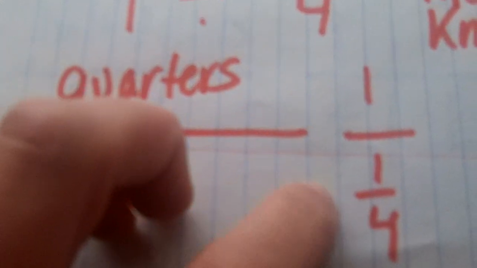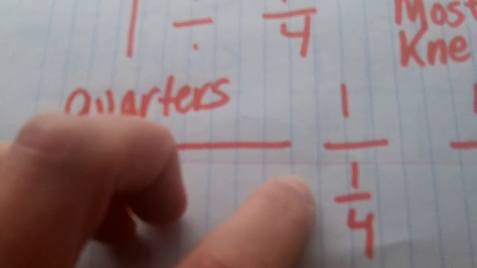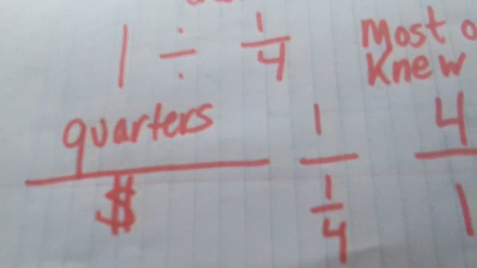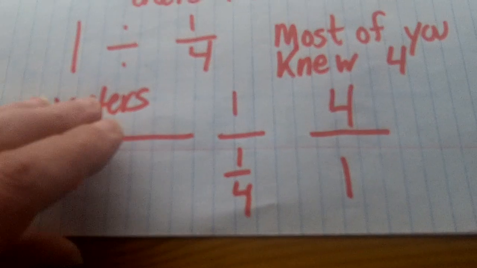If I have 1 quarter, I know that 1 quarter is a fourth, and I need 4 quarters in order to get to a dollar. That is why I set it up in a fraction of a fourth. So I knew that 4 quarters would get me a full dollar.